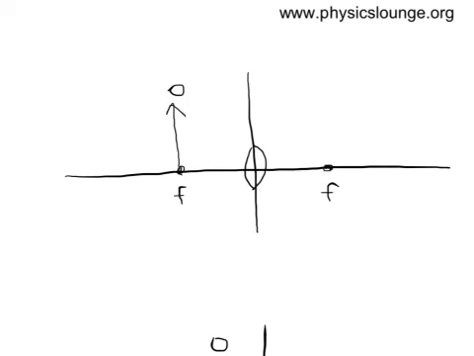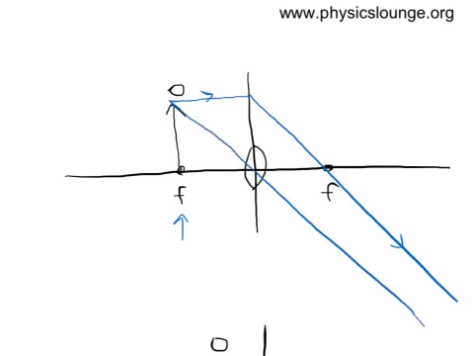So in this video we're going to give you the two special case examples for ray diagrams for lenses. First of all, with the object sitting right at the focal point. We can always draw a parallel ray, and that will always refract through the focal point. And now we've got our ray that will go straight through the center. Although I've drawn this a little bit oddly, what we'll find is that these two rays are parallel and they will never meet.